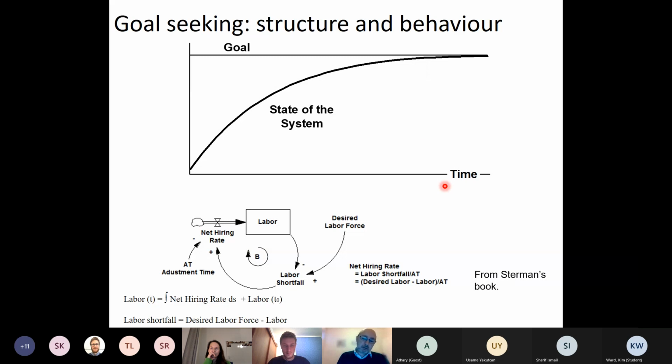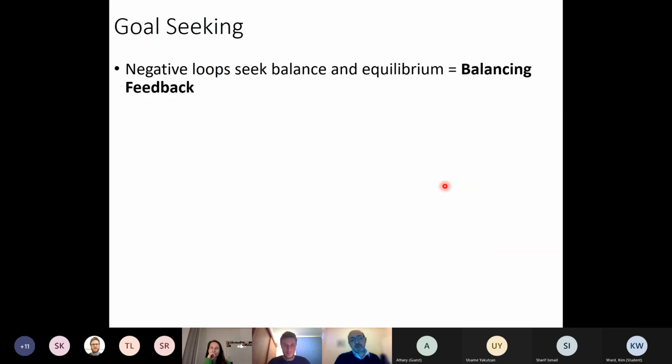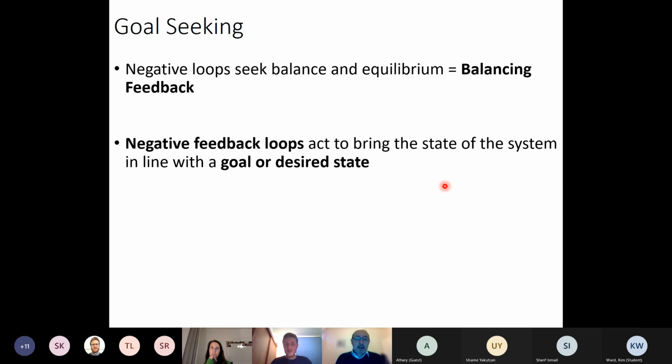That's why it's called a balancing feedback process. So goal-seeking behavior is originated by negative feedback loops that seek balance and equilibrium. The negative feedback loops act to bring the state of the system in line with the goal or desired state.